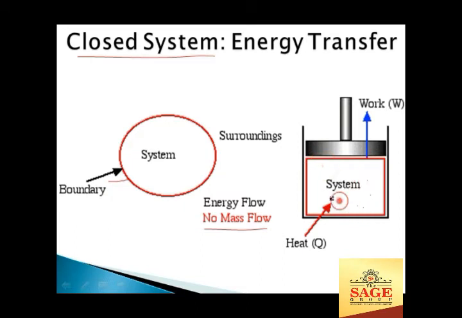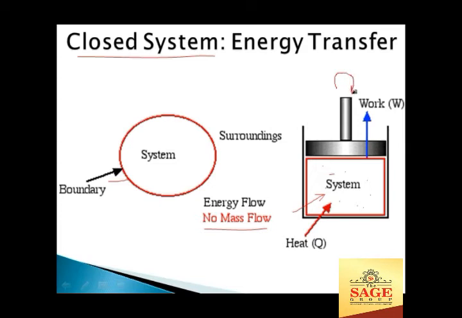When some heat is added to this system, what will happen? Definitely the pressure and temperature of the system will increase, and it will push the piston upward. So across the boundary of the system toward the piston side, we can obtain some amount of work.